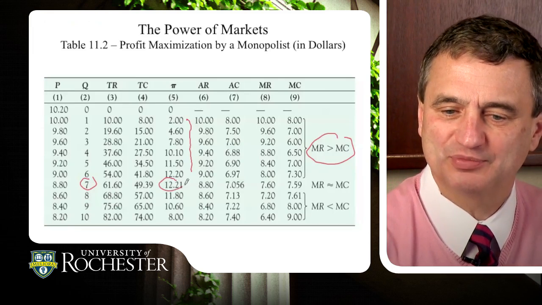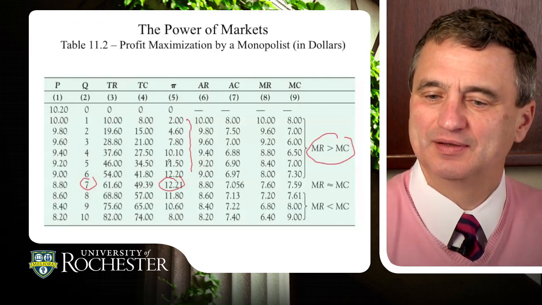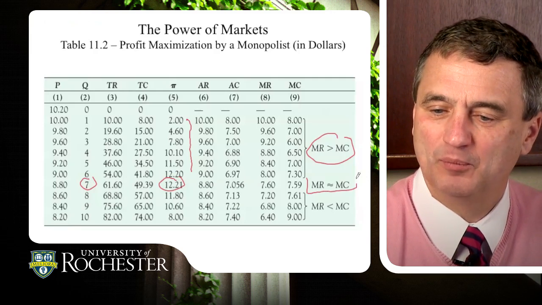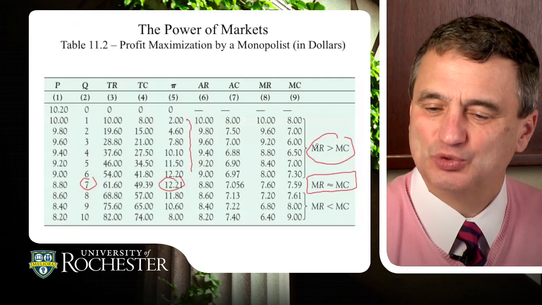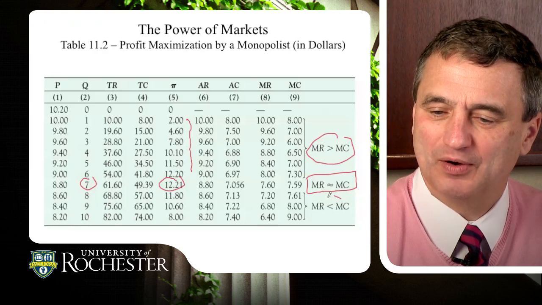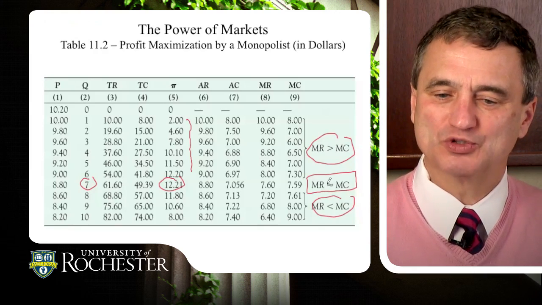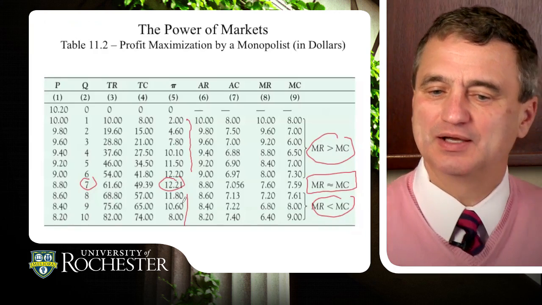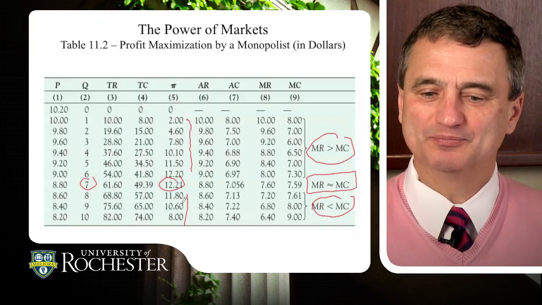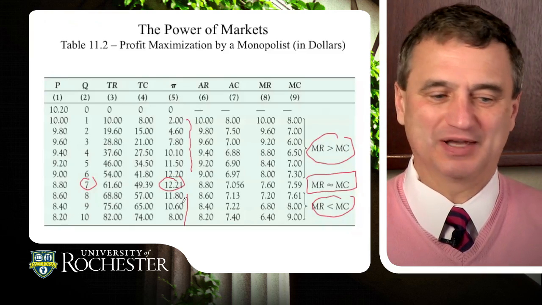And profit is maximized at 12.21, roughly where marginal revenue equals marginal cost. Should we go beyond that point where marginal revenue falls below marginal cost, then profit's falling. It goes below 12.21 down to as low as $8 at a quantity and output level of 10.